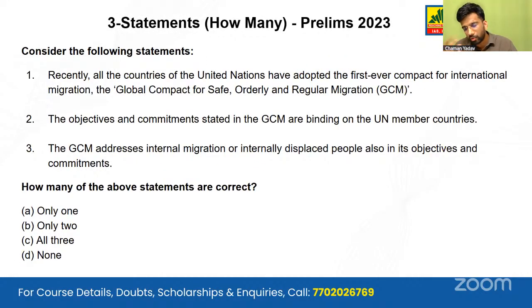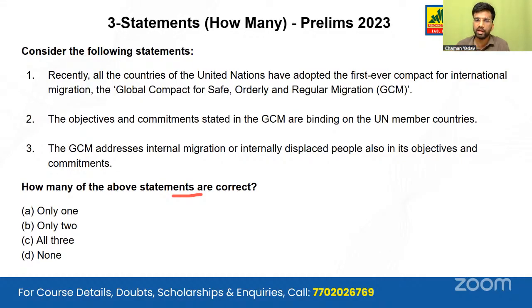Now, starting from 2023, what the UPSC has done is they have asked how many of the above statements are correct. In this question, they have asked: all countries of the UN have adopted the first ever compact on international migration. The objectives and commitments stated in the GCM are binding on all member countries.